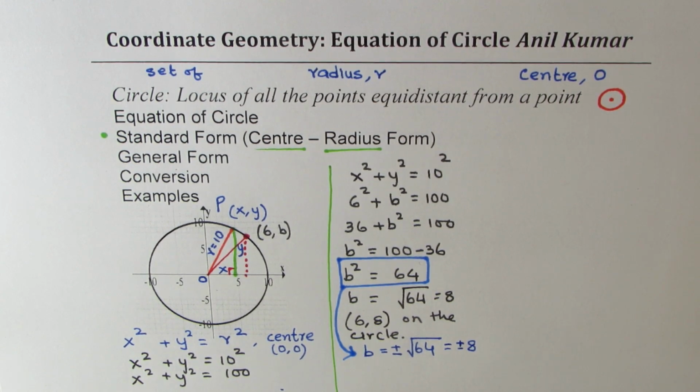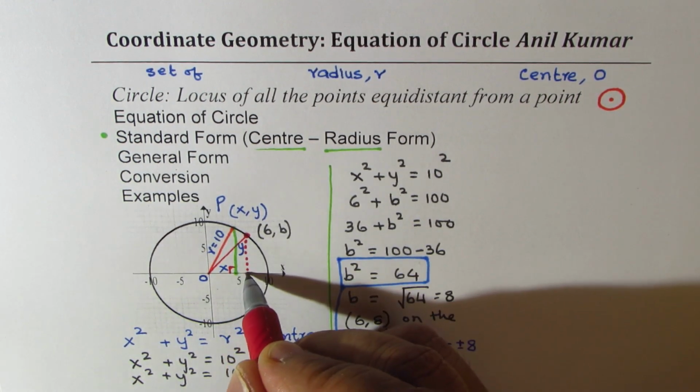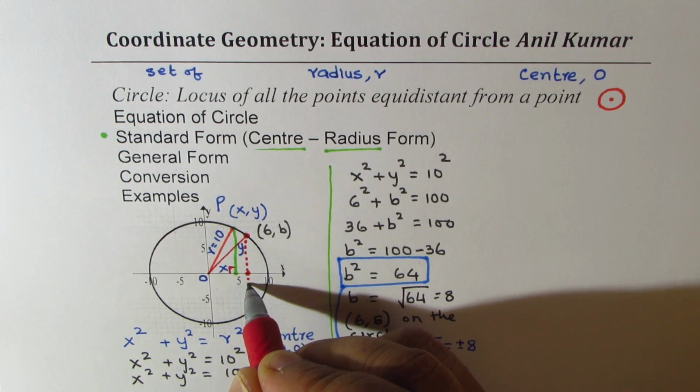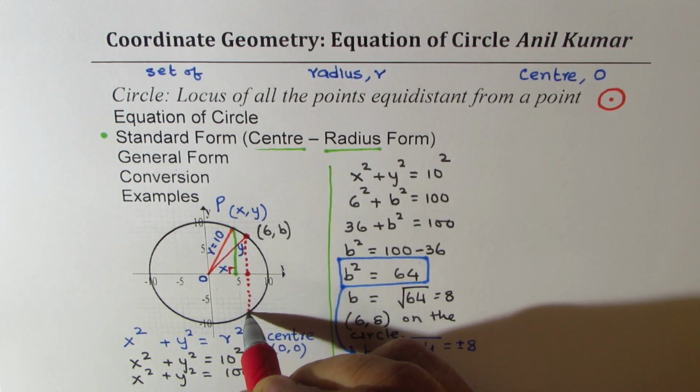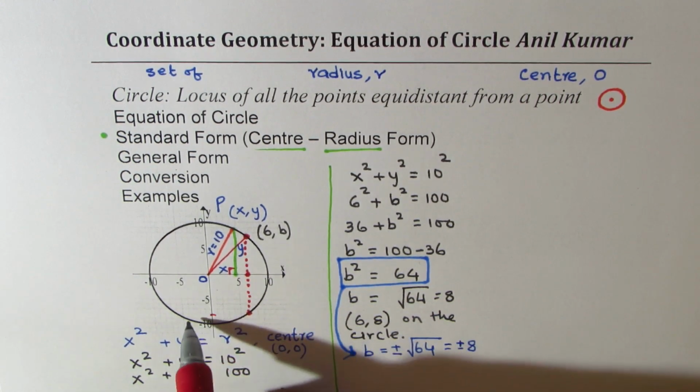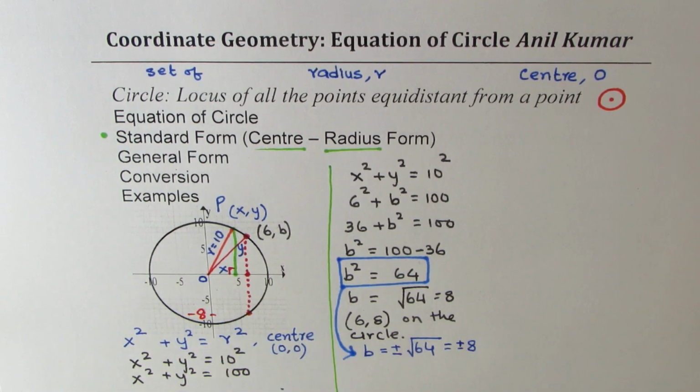Well, if you look at the circle, for the same value of x, we do have two values of y. So that is the value minus 8. So on a circle, one value of x could correspond to two different values of y, as we saw here. So we have the coordinate point for 6, the y value is plus and minus 8.